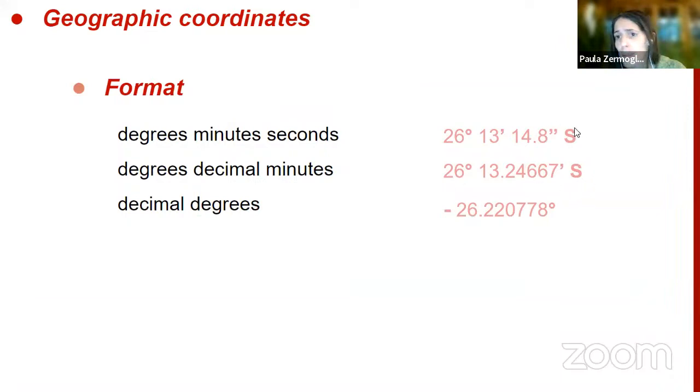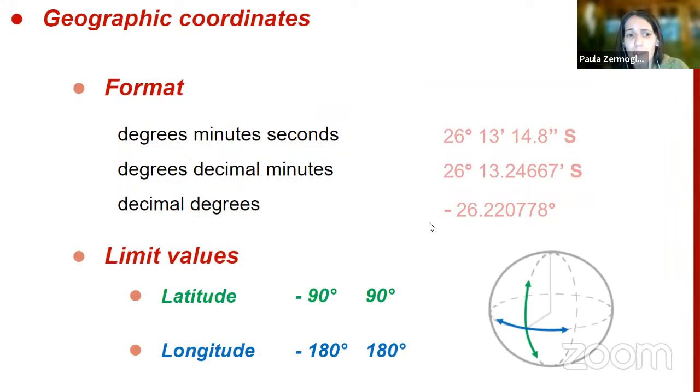In this case, we're talking about latitude, so it can be south or north. If we were talking about longitude, it would be east or west. When we use decimal degrees, we usually summarize that hemisphere using a minus sign if the latitude is south or if the longitude is west, and we don't use the letter. So that's about the format.